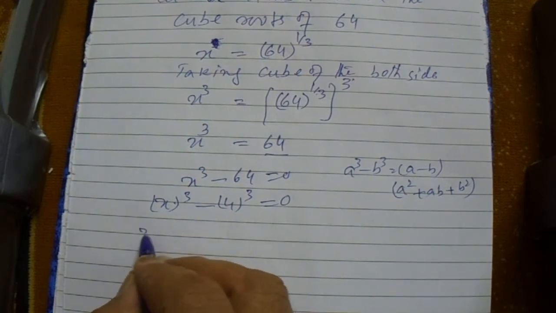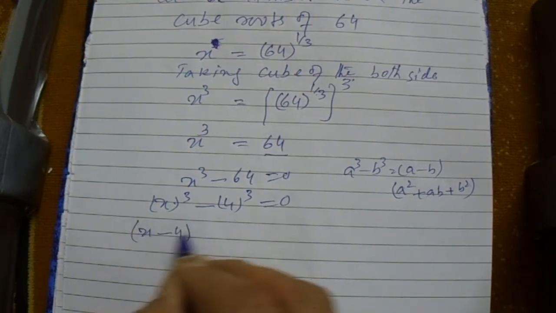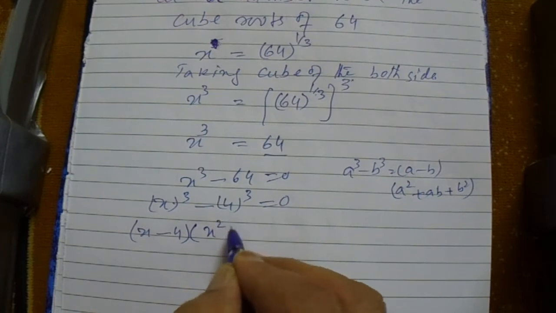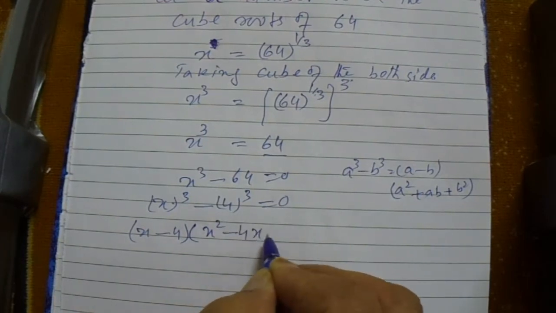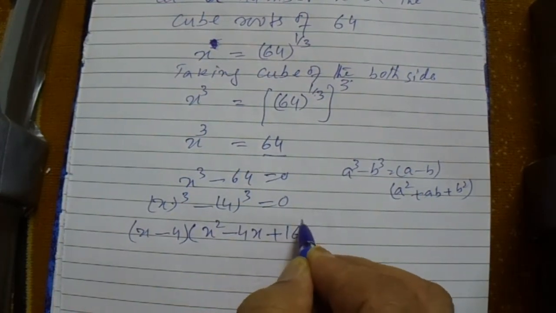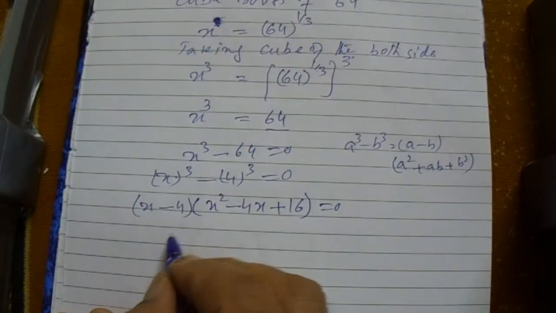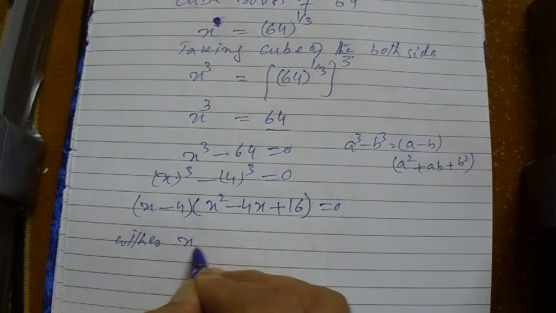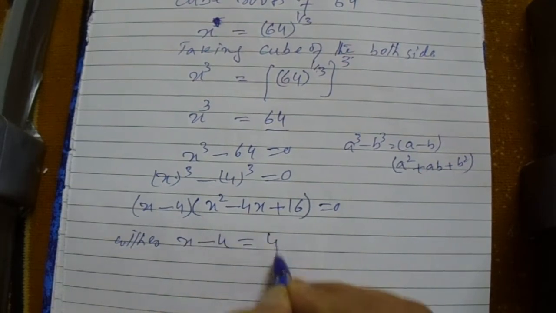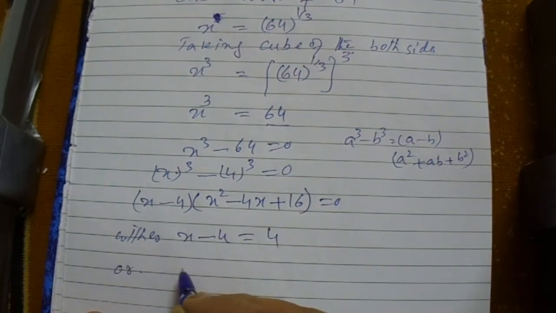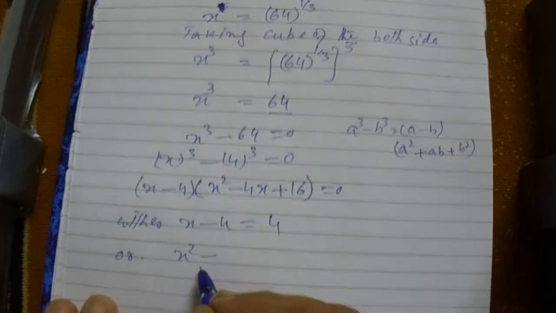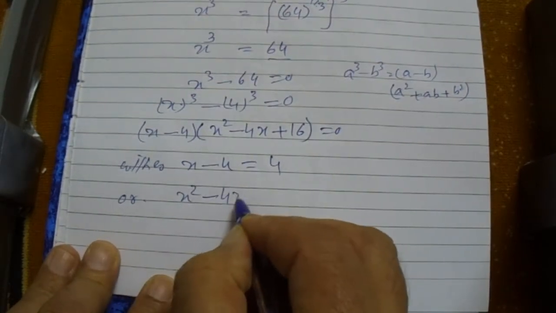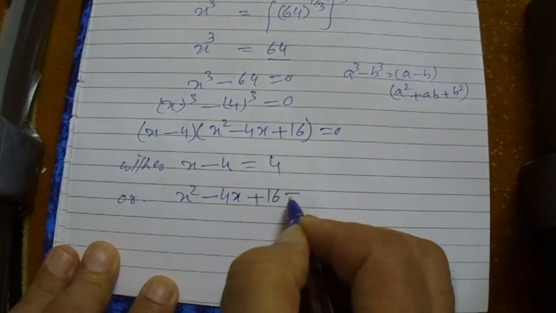Now we write x minus 4 times x square plus 4x plus 16 is equal to 0. Now here either x minus 4 is equal to 0 or x square plus 4x plus 16 is equal to 0.